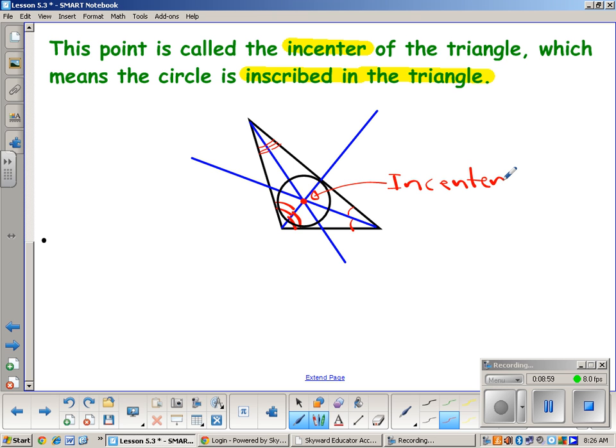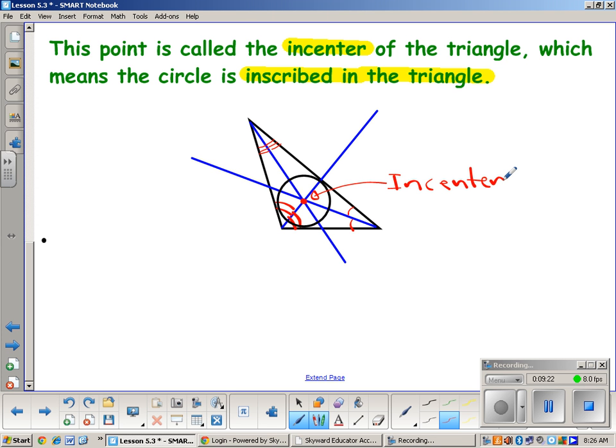And so, so far now we have 2 scenarios. We have perpendicular bisectors created the what? Nice and loud. The perpendicular bisectors created the what of the triangle? The circumcenter. That made a circle that went around the triangle, right?